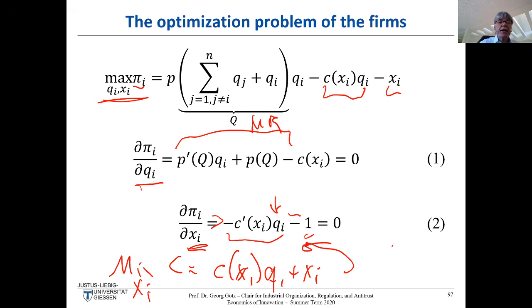On the left-hand side, we have what that brings in terms of profit gain. If I spend more euro on R&D, my operating costs go down, C prime. And if they go down by 10 cents and I sell, say, 100 units, I earn €10. So this was a good euro spent.